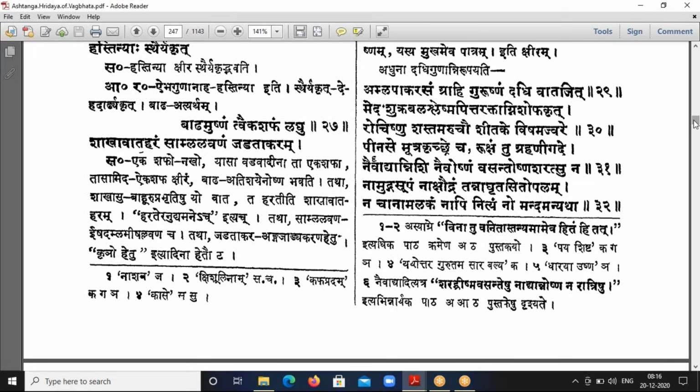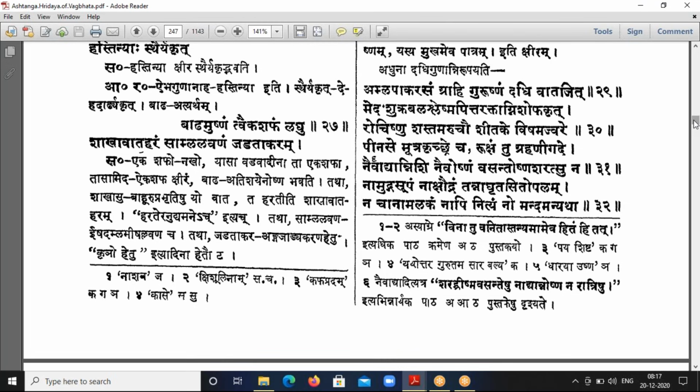That is one way of making this ruksham dadhi. And if you go through the different practices documented, there are many methods of making this dadhi.